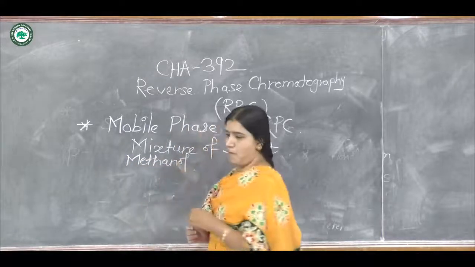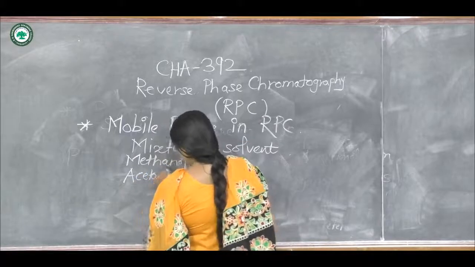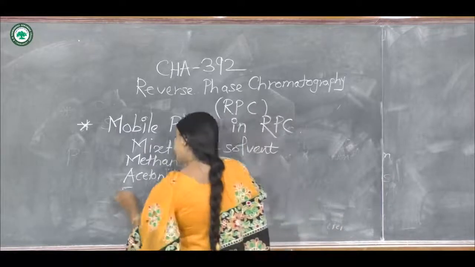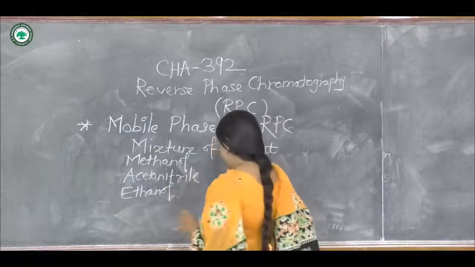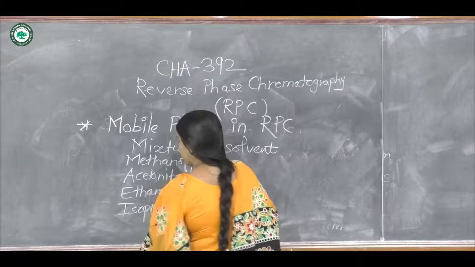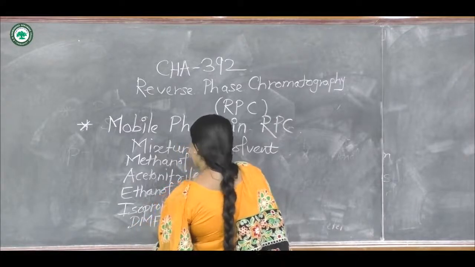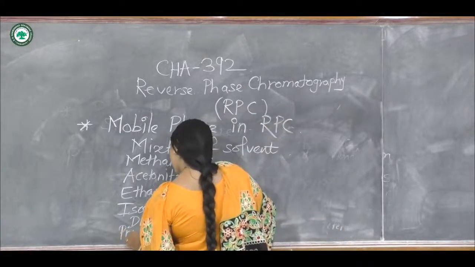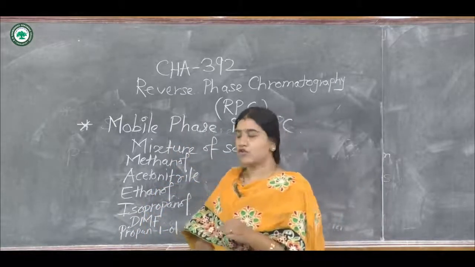First is methanol, after that acetonitrile, after that ethanol, after that isopropanol, after this dimethyl formamide, after that propanol, after this dioxane.